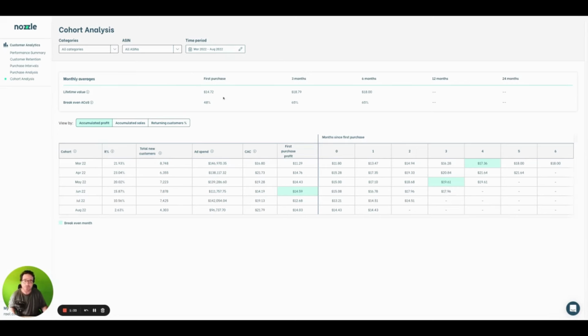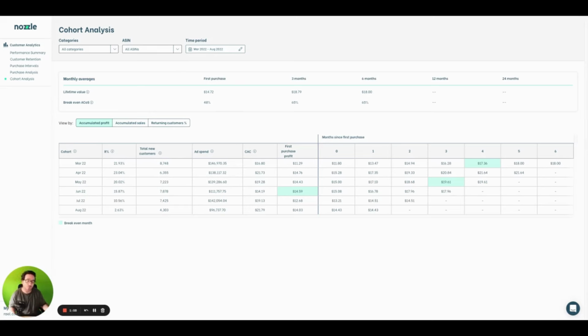So the first table is the monthly averages of lifetime value and break-even ACoS and how they trend over time. What we're saying here is, at an account level, if I've chosen this time period, the last 6 months, I'm making a profit, not sales, a profit of $14.72 on the first sale.